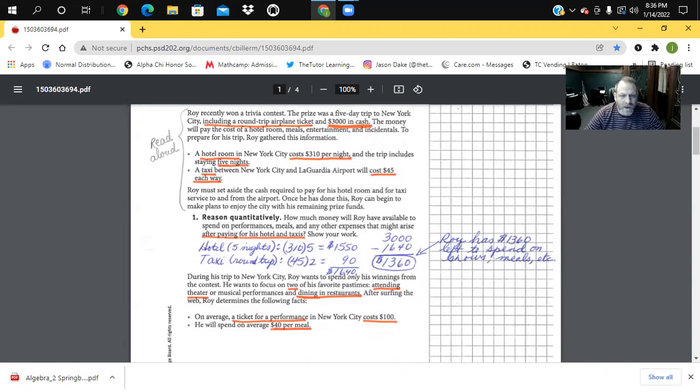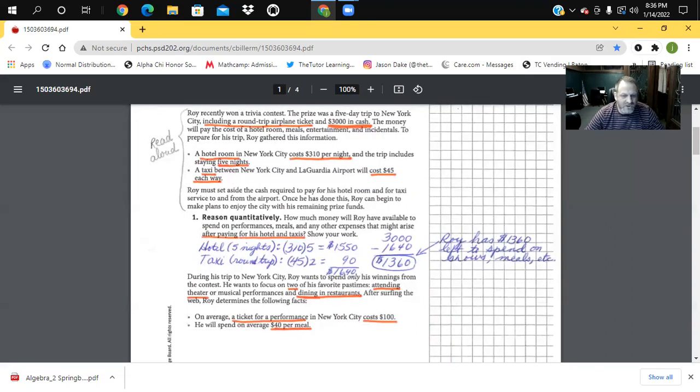Roy recently won a trivia contest. The prize was a 5-day trip to New York City, including a round-trip airplane ticket. Notice that is underlined. And $3,000 in cash. The money will pay the cost of a hotel room, meals, entertainment, and incidentals.